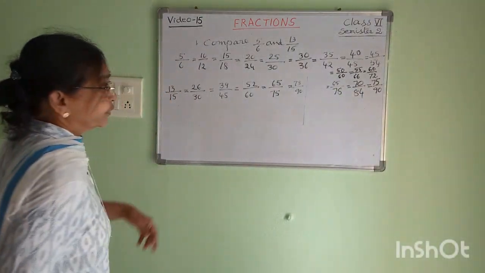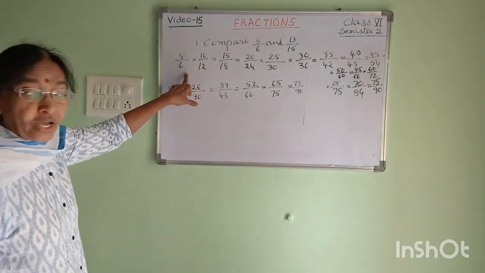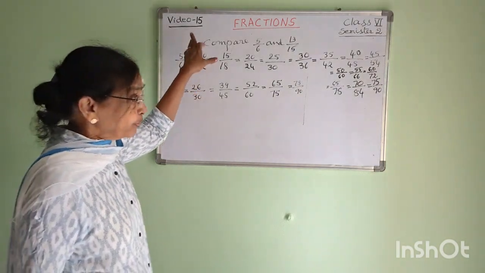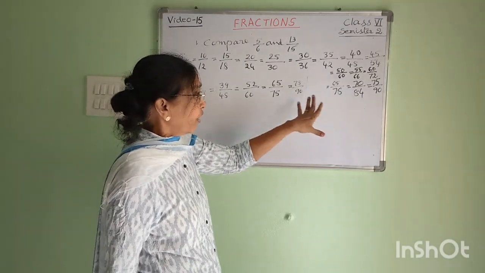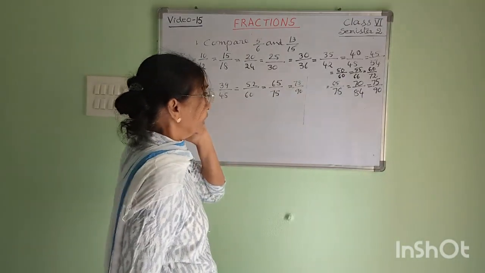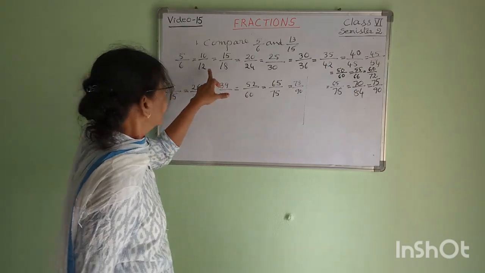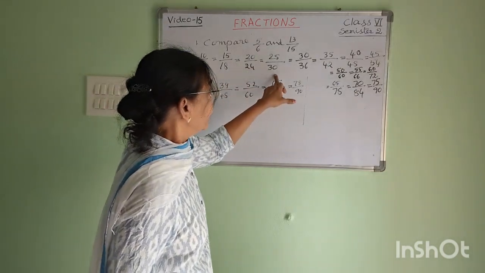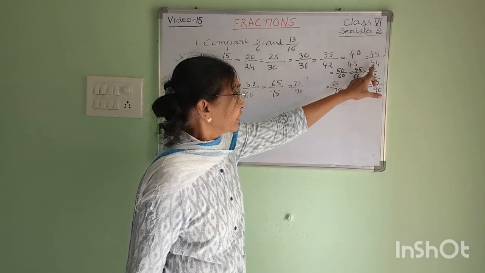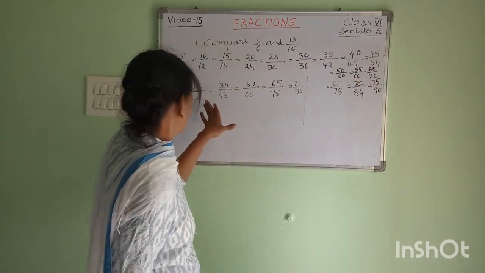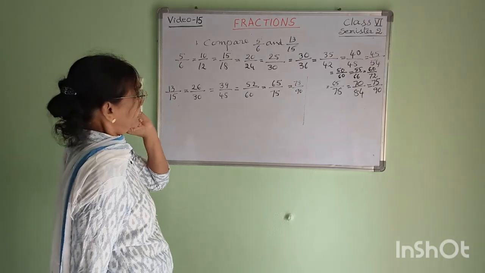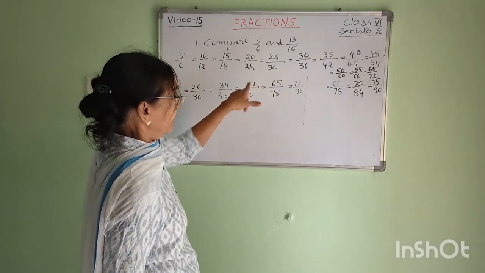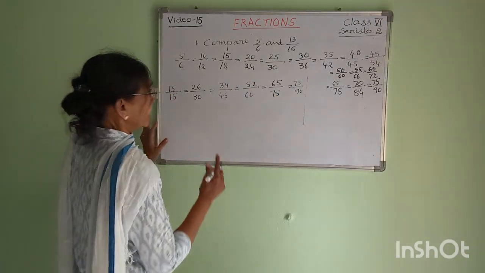Thus, we have equivalent fractions. We have to write the equivalent fractions up to where we get the same denominator. Here the denominators are 18, 24, 30, 36, 42, 48, 54, 60, etc. But here we did not get the same denominators, but here we got the same denominator, 30 and 30.